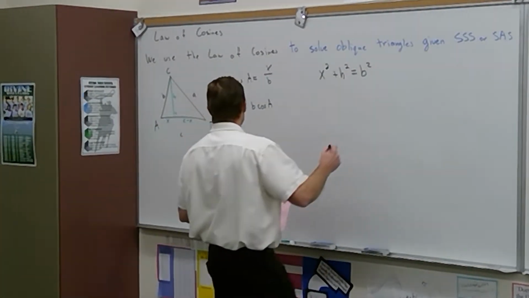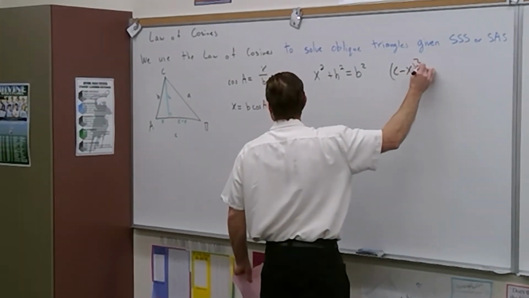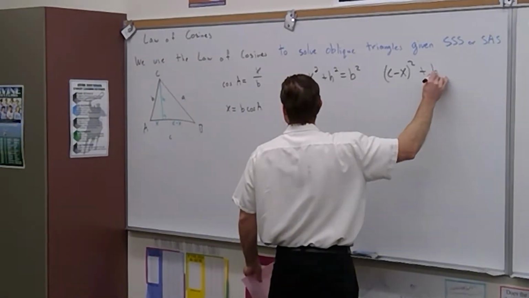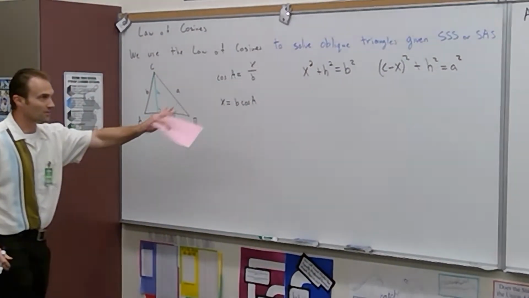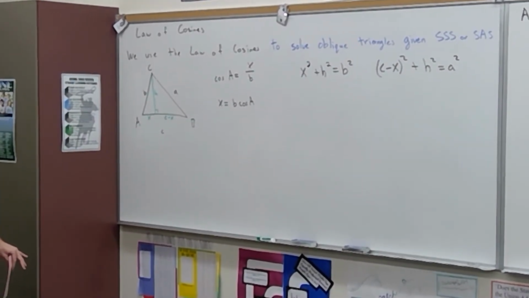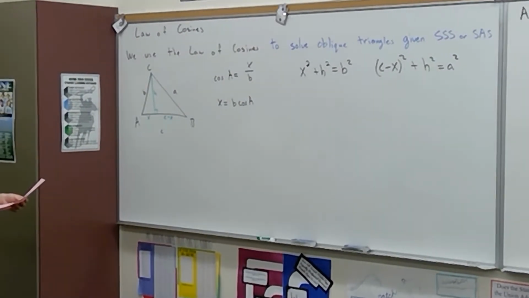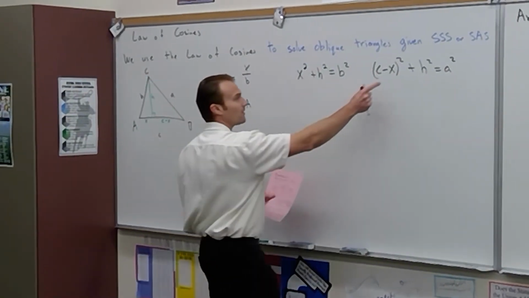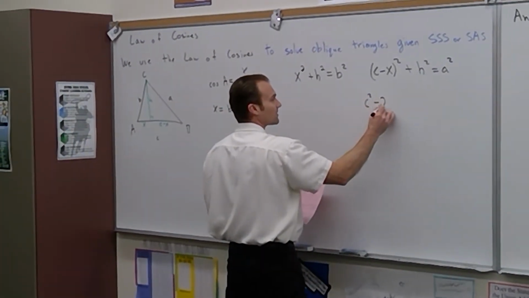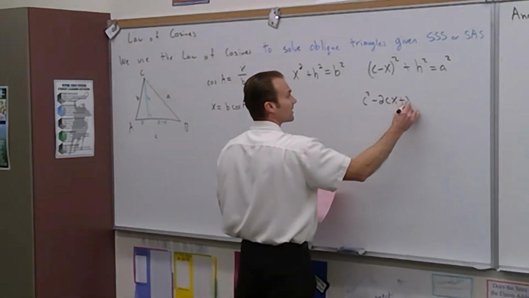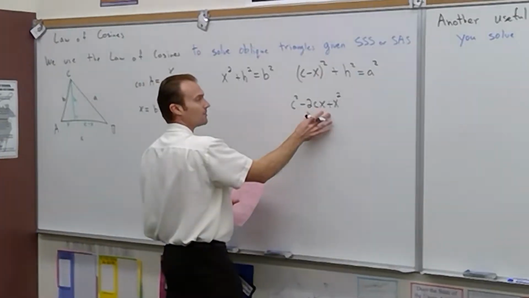So let's go with c minus x squared plus h squared equals a squared. We can all agree that these are correct statements since I have right triangles. All right, so let's FOIL this out. c minus x squared is going to give me c squared minus 2cx plus x squared. That's just multiplying out that binomial, squaring a binomial.